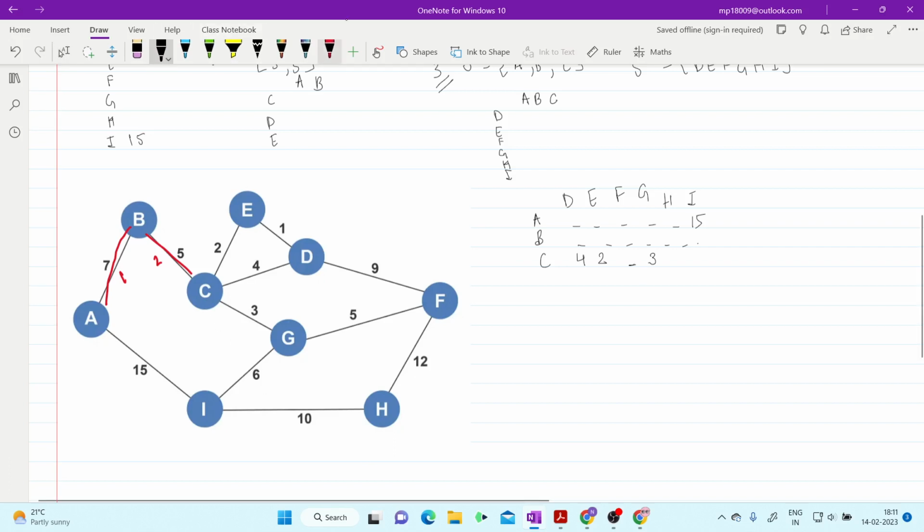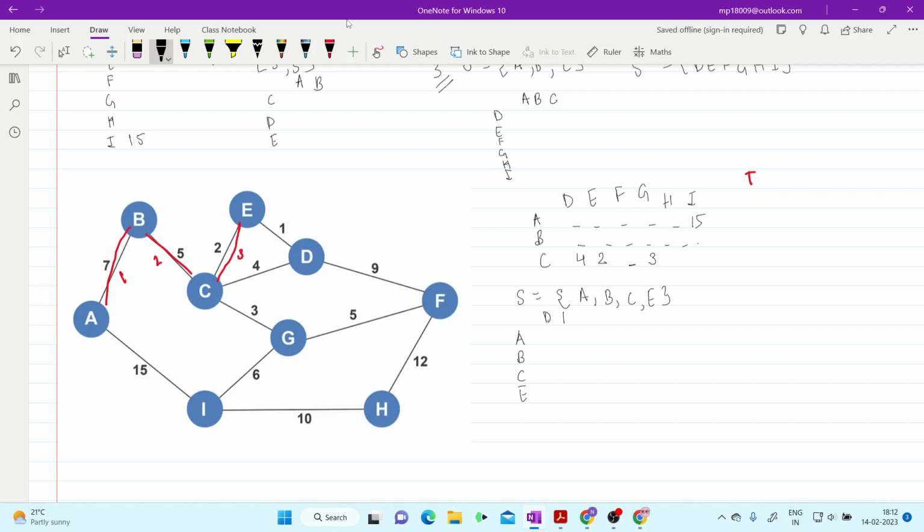CE. Yeah. So at third step we are adding CE. Now our S becomes ABCE. So now we have to compute the minimum cost edge of this cut.